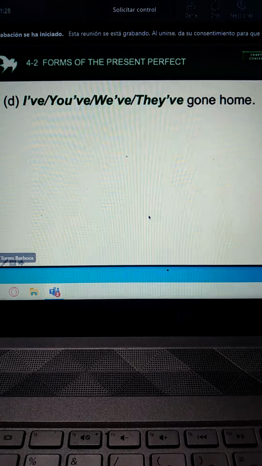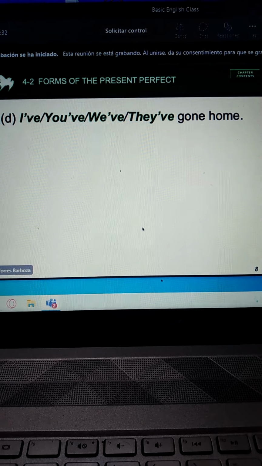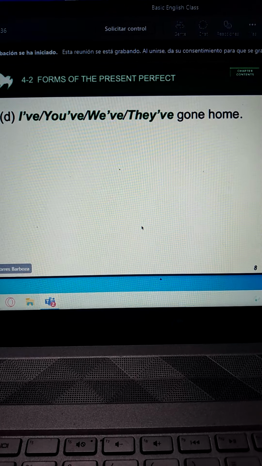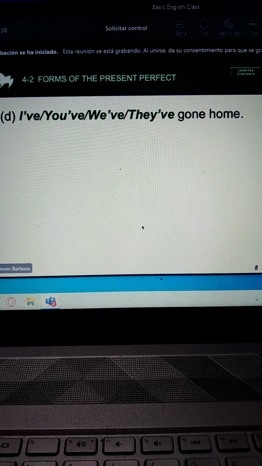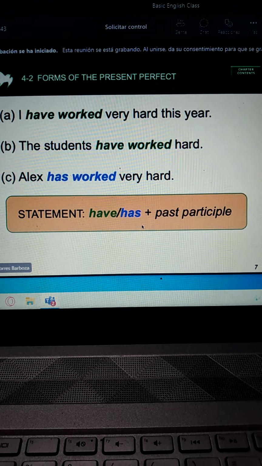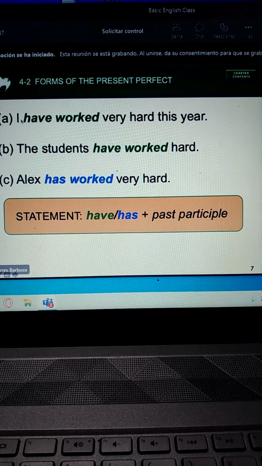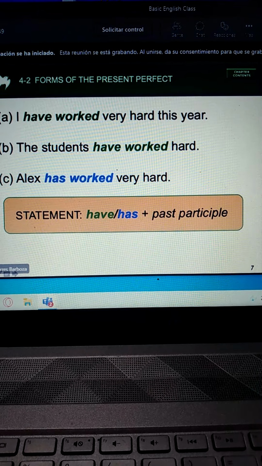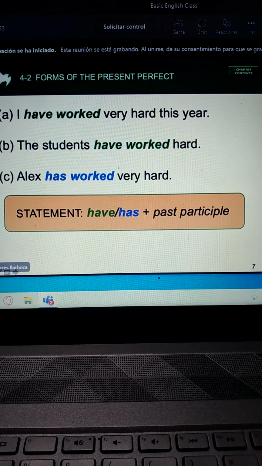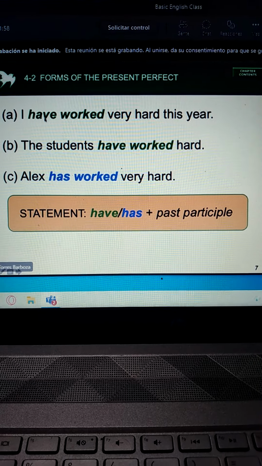So let's look at this. I've, you've, we've, they've gone home. What's this? These are the contractions. When I have this auxiliary, we can make a contraction. What's the contraction? Apostrophe plus ve.